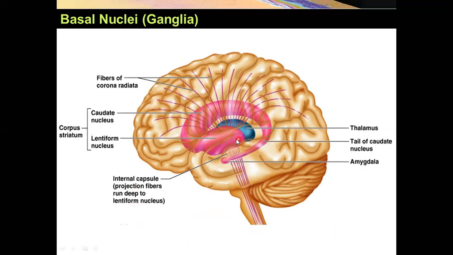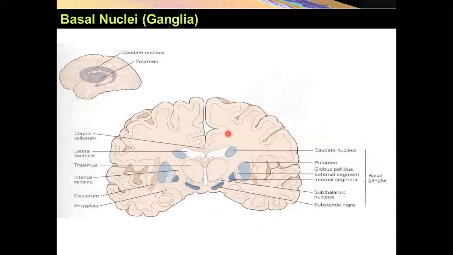Okay, here is the caudate nucleus, the head, body, and tail of the caudate nucleus, and we group the basal nuclei in subgroups.